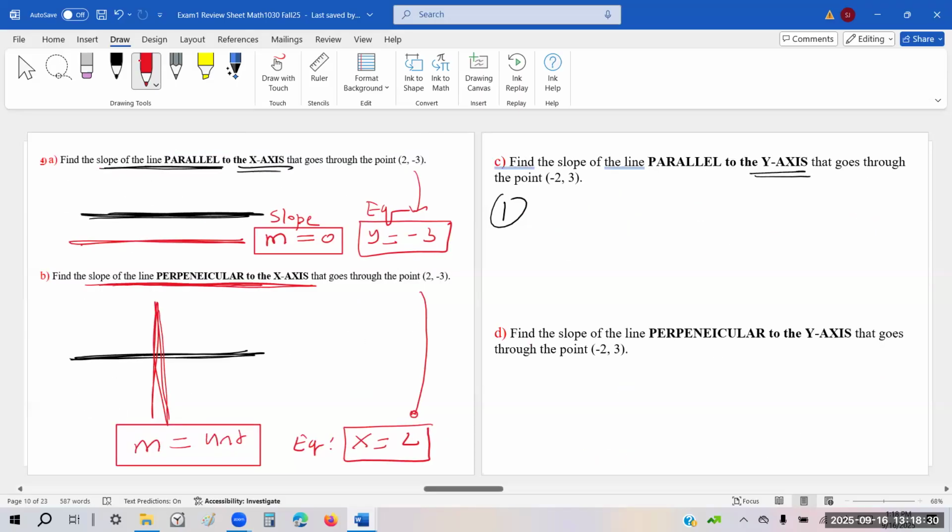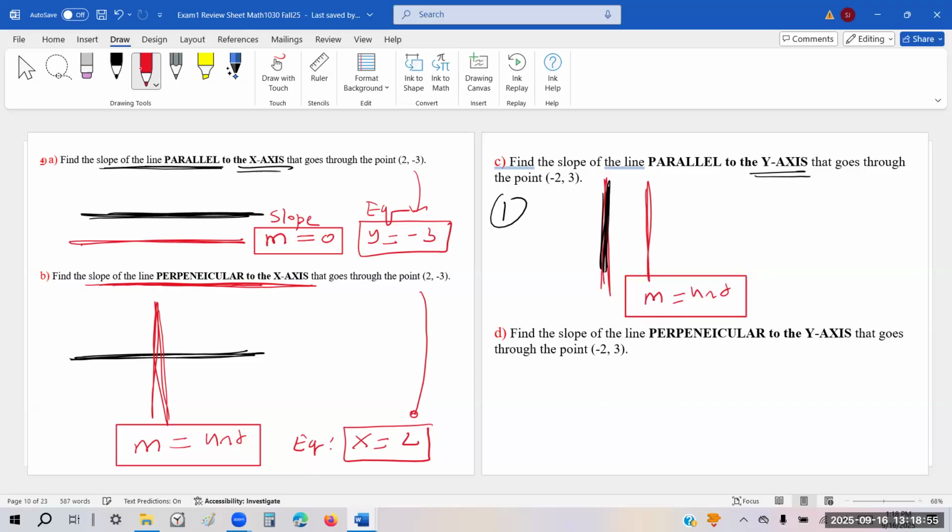The next one says parallel to the y-axis. So how do we draw the y-axis? Vertical. So how are you going to draw its parallel line? Another vertical line. So what's the slope of any vertical line?